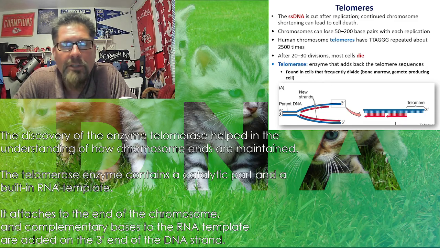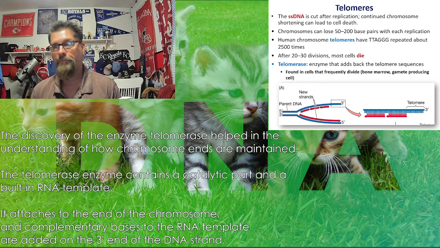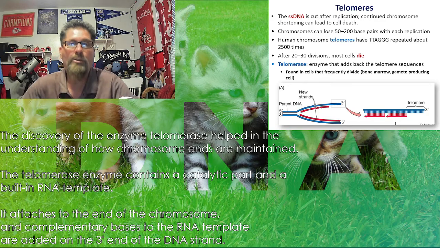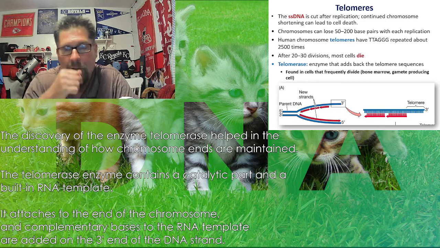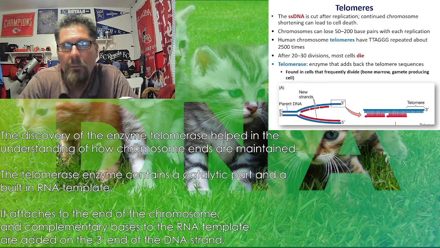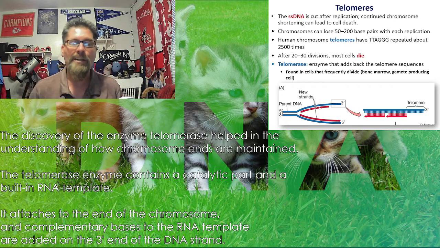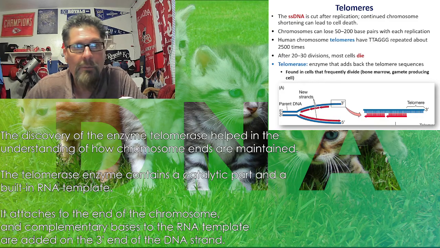And so each time the very end isn't replicated, the cell loses a little bit of length, and that's one of the reasons why after 20-30 times the cell replicates its DNA, the cell dies, because the ends just get too short. And that's the part that's been researched as a connection with Alzheimer's.